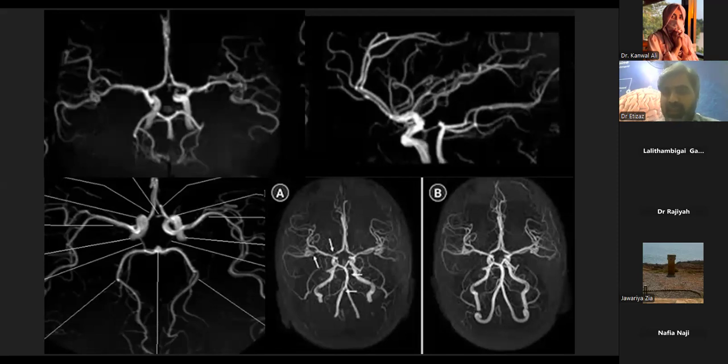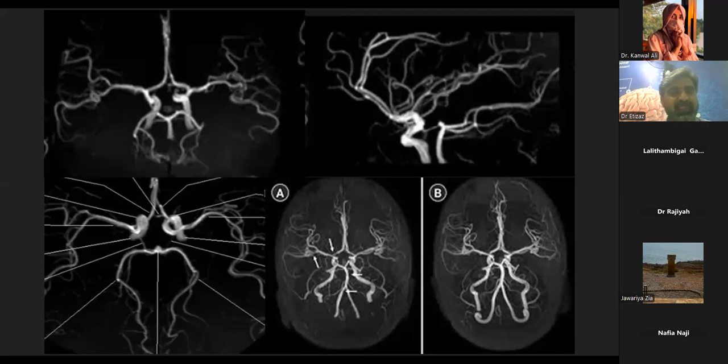I prefer MR angiography in a sense only to read the normal vasculature and just to see the vascularity, because it gives very excellent pictures of the angiography.